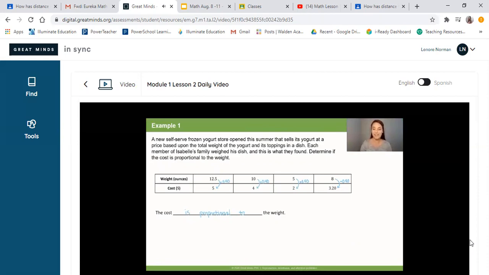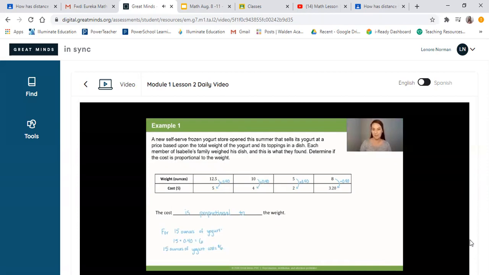If everyone pays the same rate in this store, how much will his dish cost? We know that if we multiply the weight by 40 hundredths, we will find the total cost. Her brother's 15 ounces of frozen yogurt will cost $6.